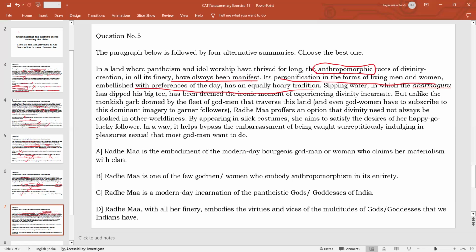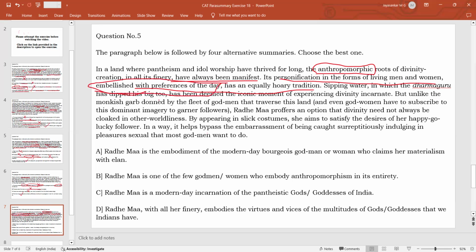Since the gods and goddesses of India are modeled on human beings, or we have a pantheistic and idol worshipping tradition where gods and goddesses are considered to have human-like characteristics, it is only natural that godmen and god women, people who pretend themselves to be incarnations of God, living men and women, embellish themselves with whatever preferences of that day or whatever things are proper in that day.